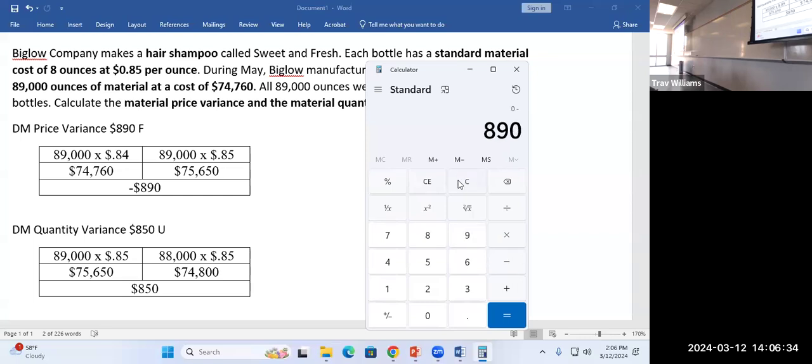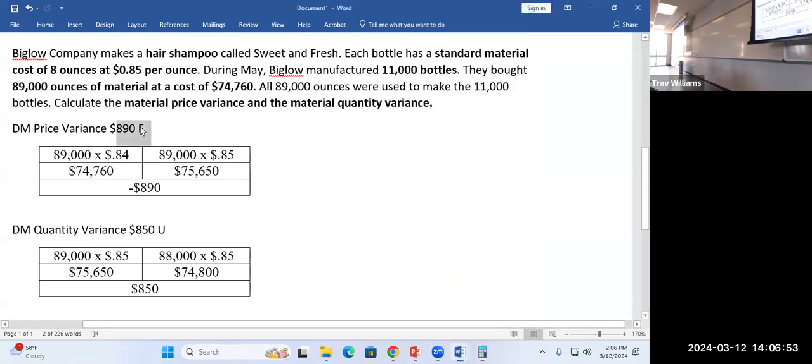Negative 890 plus positive 850 leaves us with negative 40. We know negative is favorable. Or another way, if you just take the difference between 850 and 890, that's a difference of $40. And then you think which one was higher? The favorable was the higher number, so my answer is favorable. Whichever way makes more sense for your brain is fine. You either combine them or find the difference between the two. Okay, very good. Any questions?